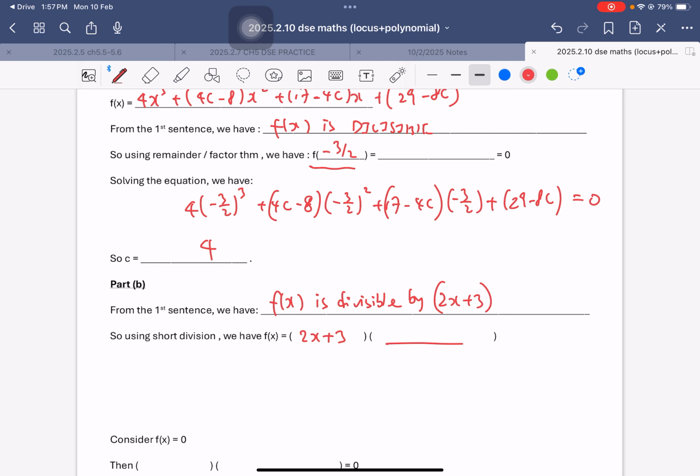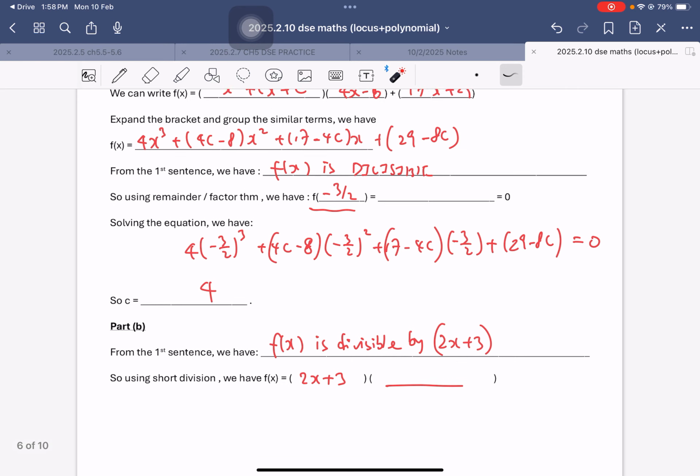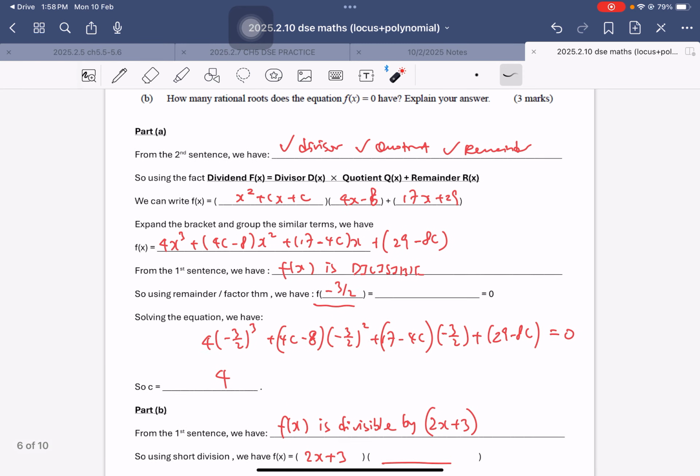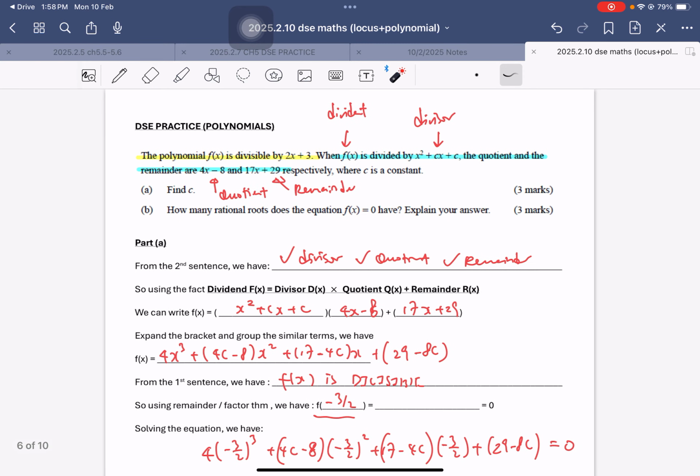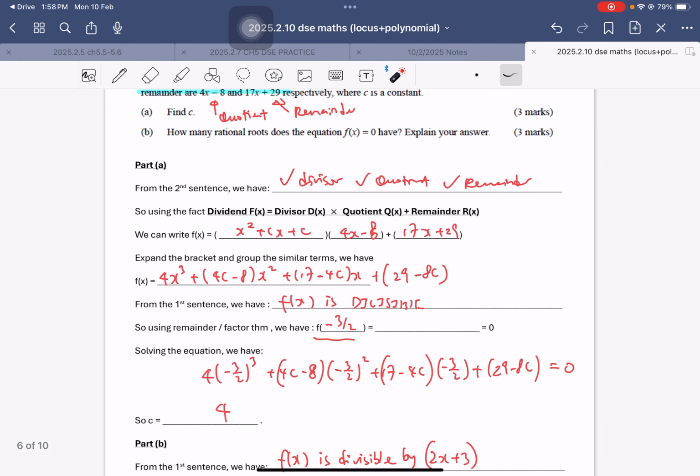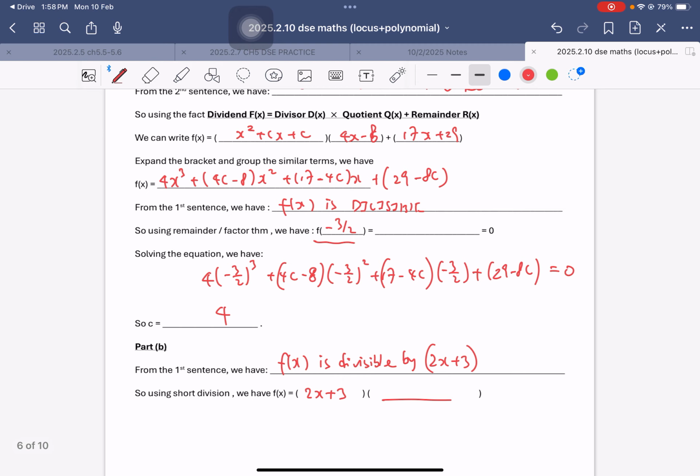Then how are we going to get the whole thing here? What is our f(x)? Remember the f(x) is here. This is the whole f(x), isn't it? Now we get a value of c, so we can replace the c.